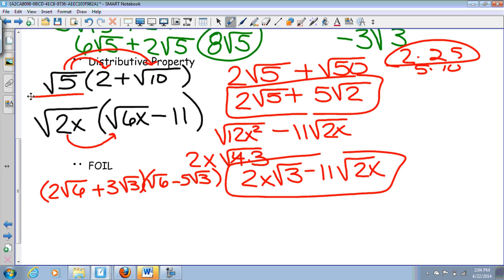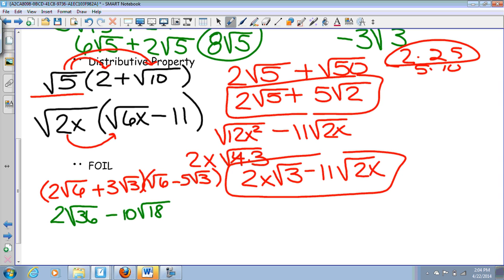Okay, so 2 times the square root of 6, the first one's times the square root of 6. So that becomes 2 times the square root of 36. Okay, outside, 2 times the square root of 6 times negative 5 times the square root of 3. So 2 times negative 5, negative 10, square root, 6 times 3, 18.